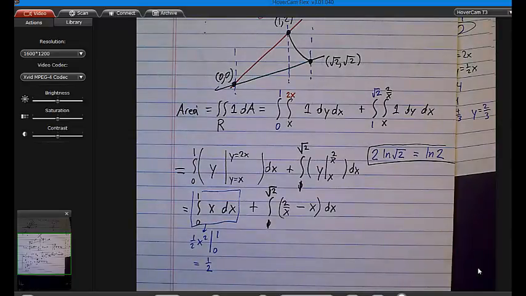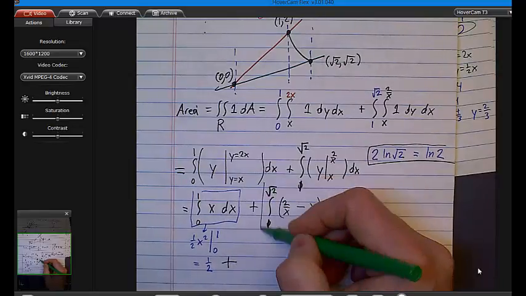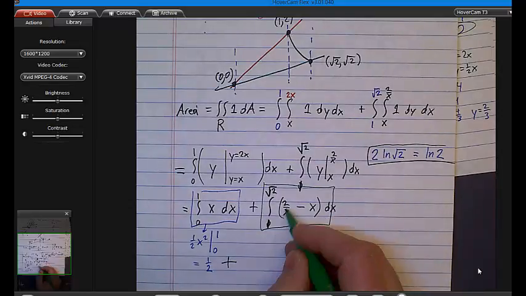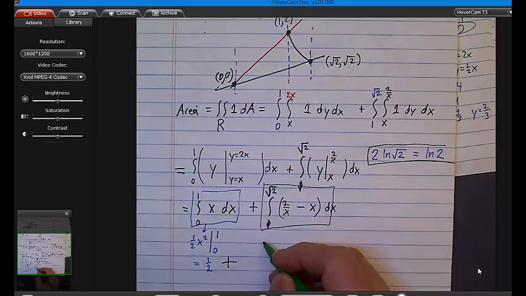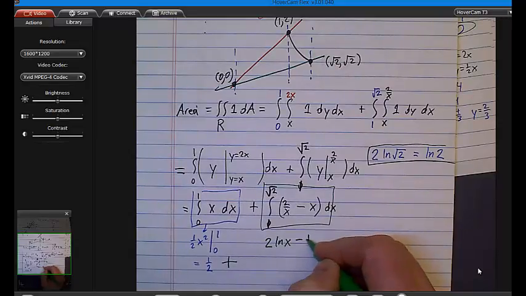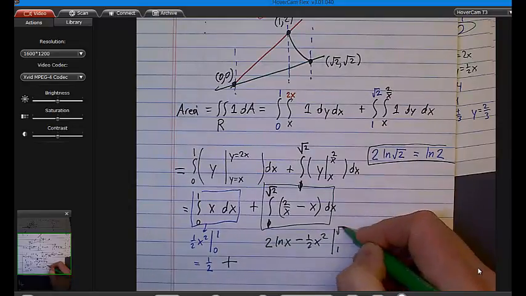And the other piece here, so plus, when I integrate it, the first part gives me, if I factor the 2 out, I'm integrating 1 over x, right? So I get 2 times the natural log of x, minus 1/2 x squared. And that's going from 1 to the square root of 2.